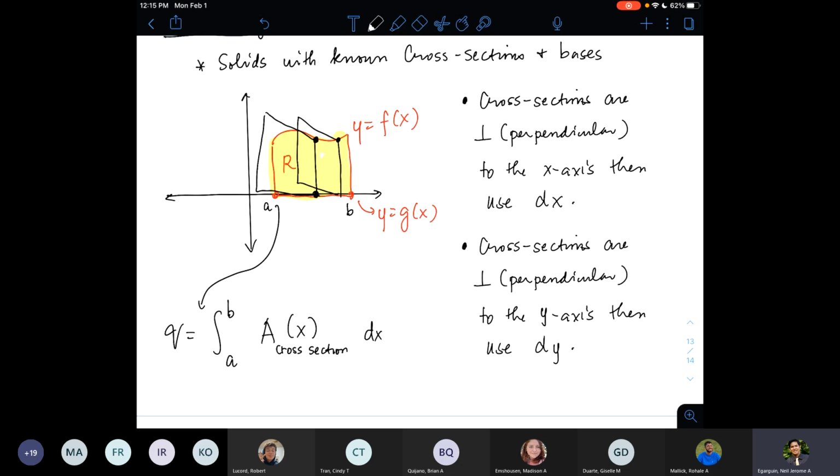But the problem there is there are infinitely many squares and they are closely packed to each other just to create the volume. So a summation of the areas of those squares will not be enough because they are squares that are very, very thin that are placed next to each other. So that's why instead of a summation, we do integrals.